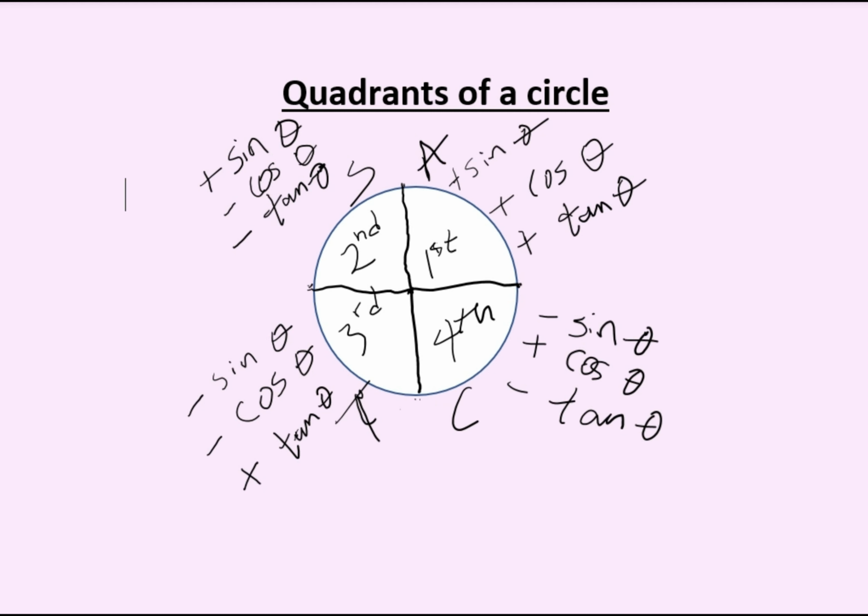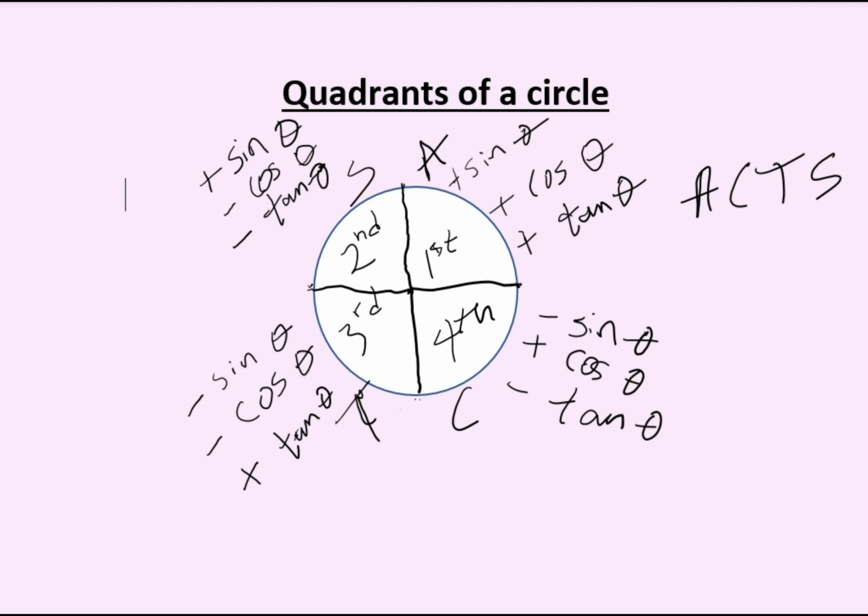So that's ASTC. But to be able to remember it, try to learn it clockwisely: ACTS, act. It helps. So all positive, cos positive, tan positive, and sine positive clockwisely from the first quadrant.